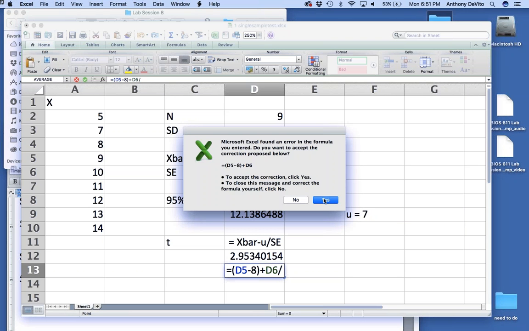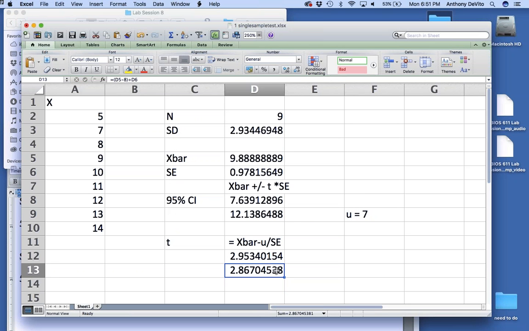Oops, did I make a mistake there? Wait a second. Let me do this again. Equals 9.8. But let me put parentheses in first. 9.8 minus 7, close parentheses, over the standard error. Enter. 8. You're right. Yeah, I meant to put 8. Okay, do I exceed 2.3 now? No, I don't. So I don't reject the null hypothesis.